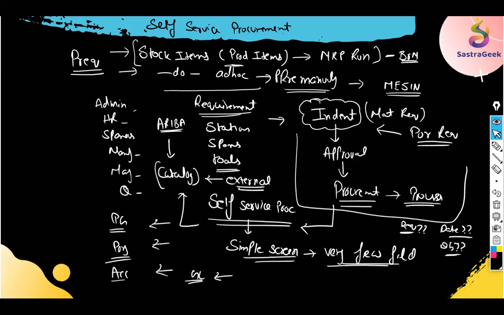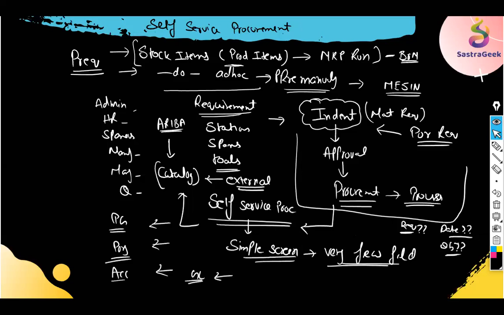Most of the entries are defaulted from the default values in the Fiori application for the user, and the user puts in only what materials are required, how much quantity, and when required. He puts all the items into the cart, and from that cart the system creates a purchase requisition.